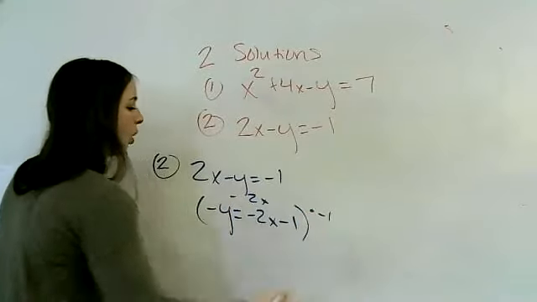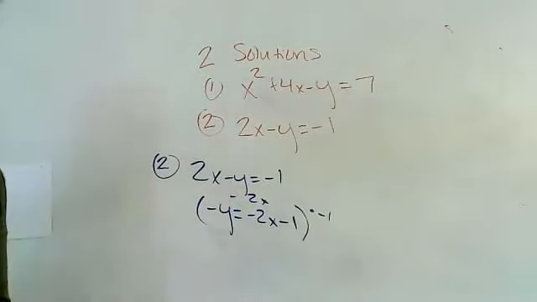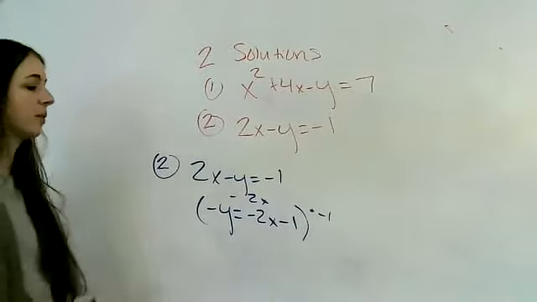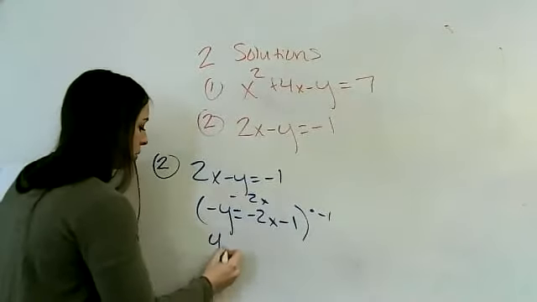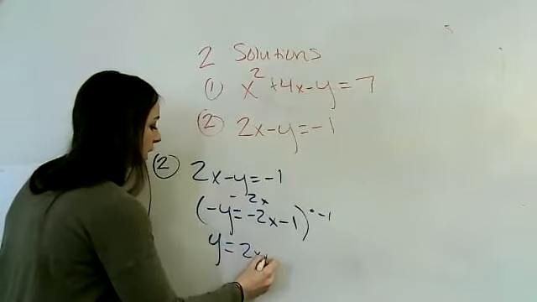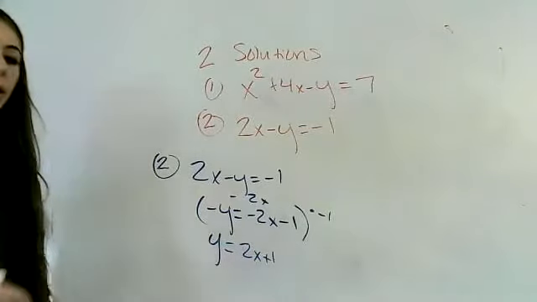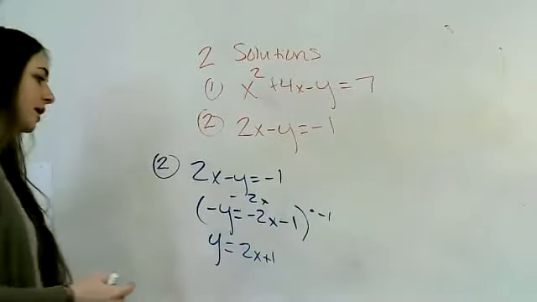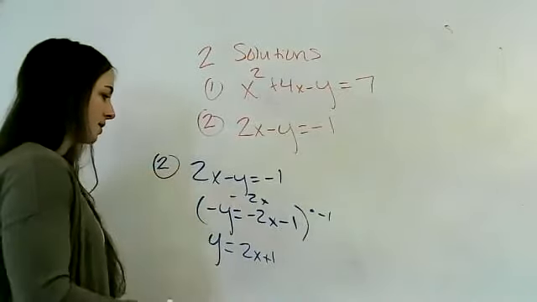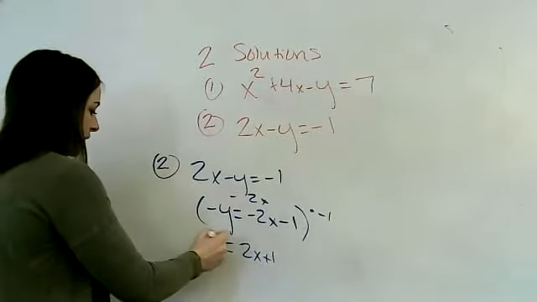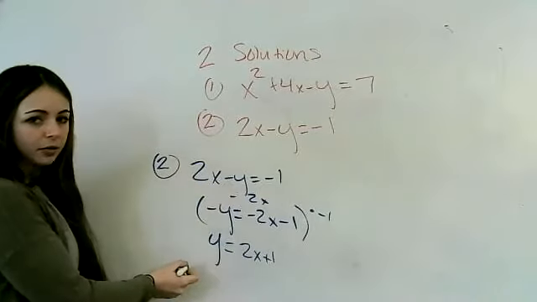We want a positive y always. So multiplying by a -1, dividing by -1, whichever makes more sense to you. Y equals positive 2x plus 1. Again, multiplying by that negative flips all those different signs around. Okay, so every negative flips to a positive. So here I have my y isolated.